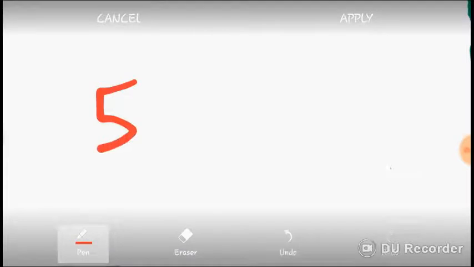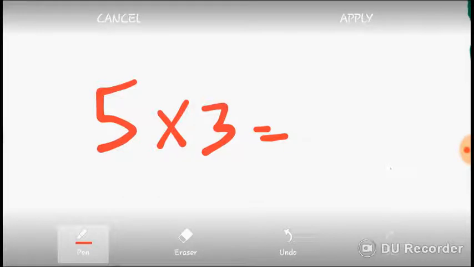For example, if we write 5 multiplied by 3 equal to what? 5 multiplied by 3 can be thought of as 3 groups of 5 or 5 groups of 3, and the sum which we obtain will be equal to 5 into 3. It gets quite confusing.